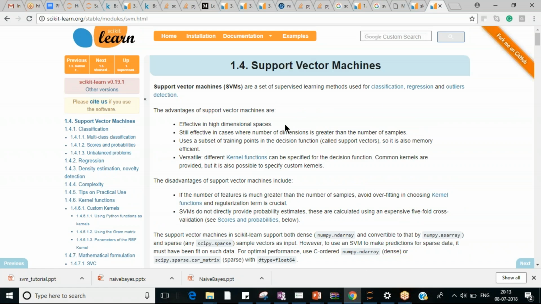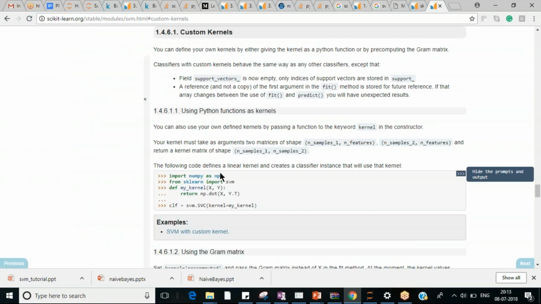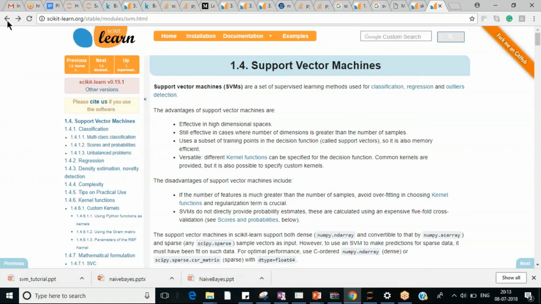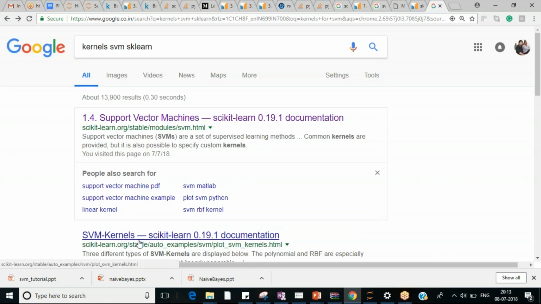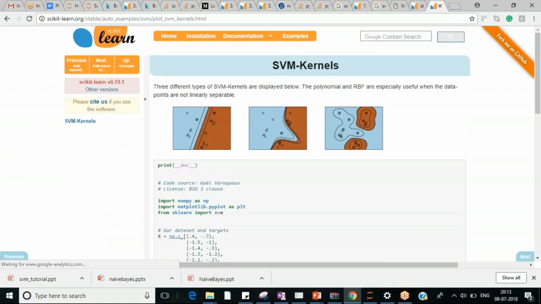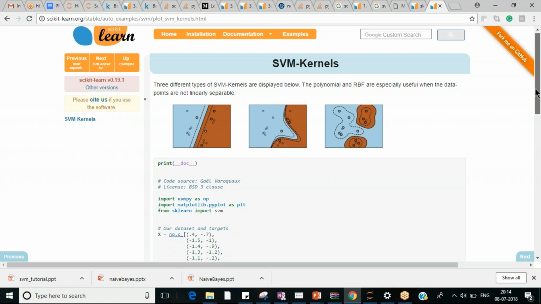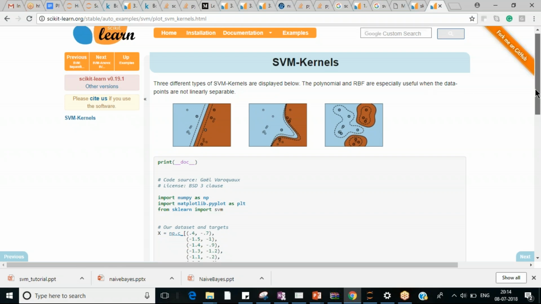So this is the linear kernel, this is your polynomial kernel, and this is your RBF kernel. See how different kernels are helping you classify the data. So this is how your SVMs are very powerful.